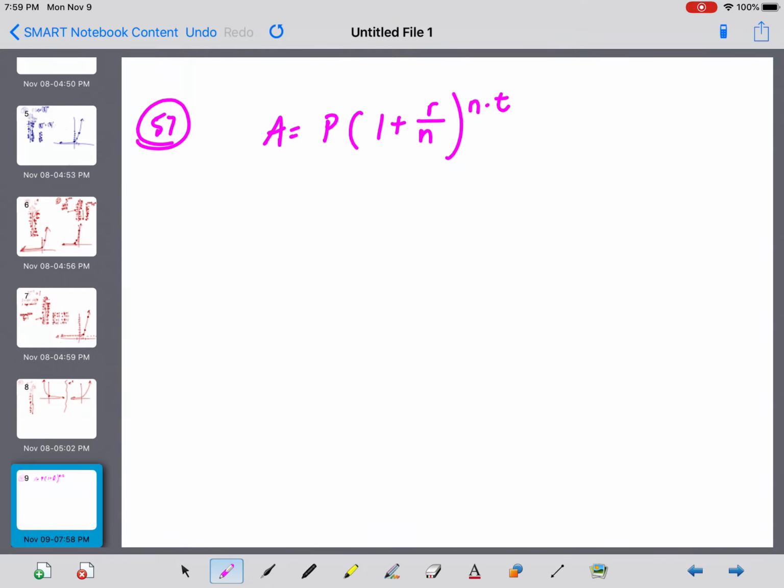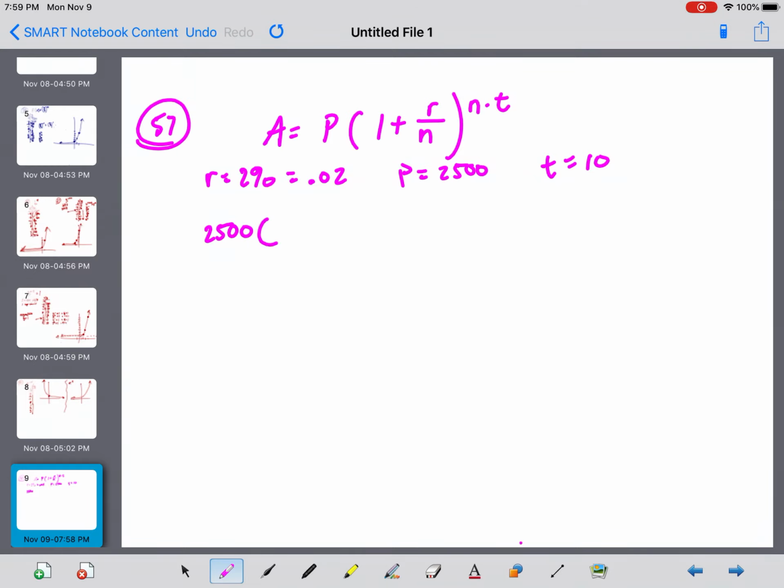Okay. So just in this problem, you have a rate of 2%, which you got to turn to 0.02. Your P is 2,500 every time. And then your N is going to keep changing, and you're going for a time of 10 years. And so here's what we got to do.